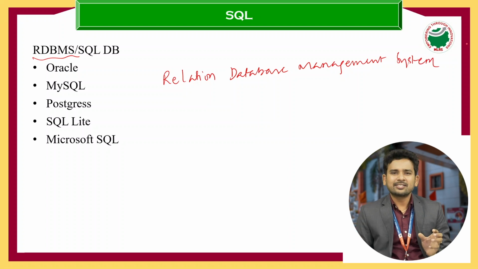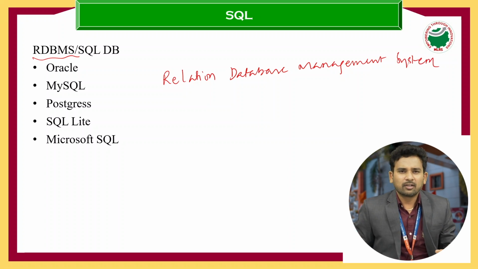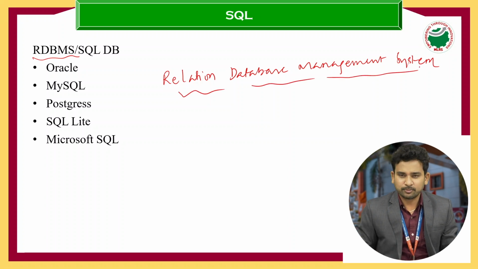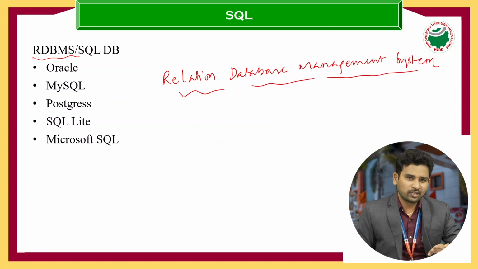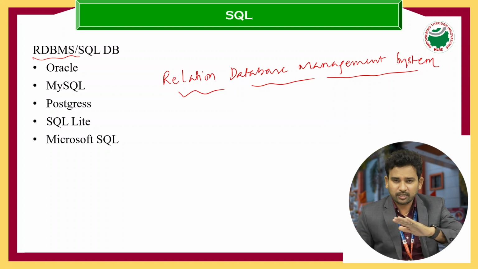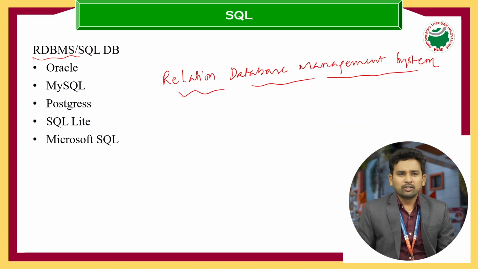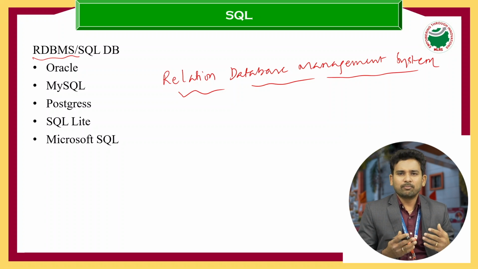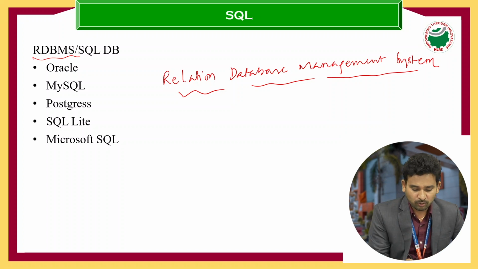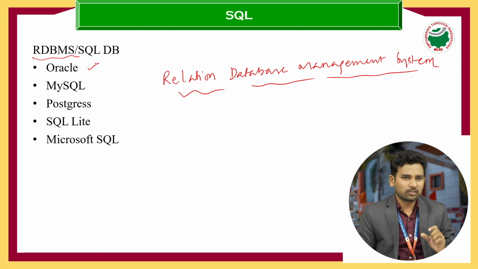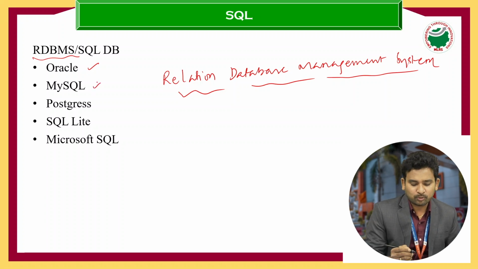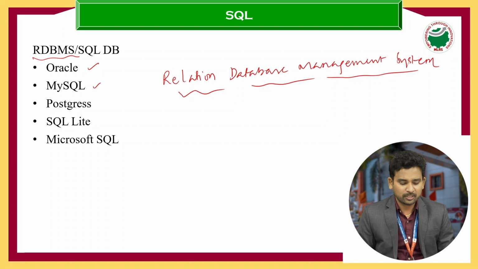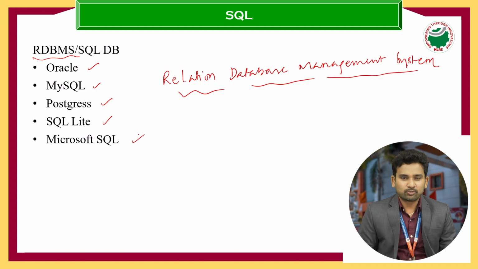We also call it a SQL database. In industry, people normally call it a relational database management system, or a SQL database management system. Both names are the same. Various industries use their own separate databases. In the market, a few databases are available: Oracle, one of the topmost databases, then MySQL, which most people have heard about, then Postgres, SQLite, and Microsoft SQL.